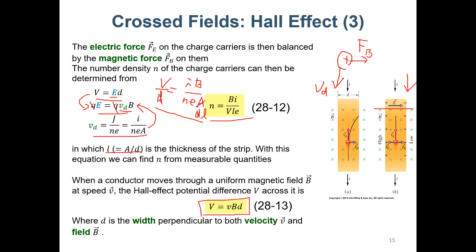So in this case, rather than negative charge on the right side, there will be positive charge on the right side. But this contradicts the observation, and that's why the moving charge should be negative charge rather than positive charge. Okay.